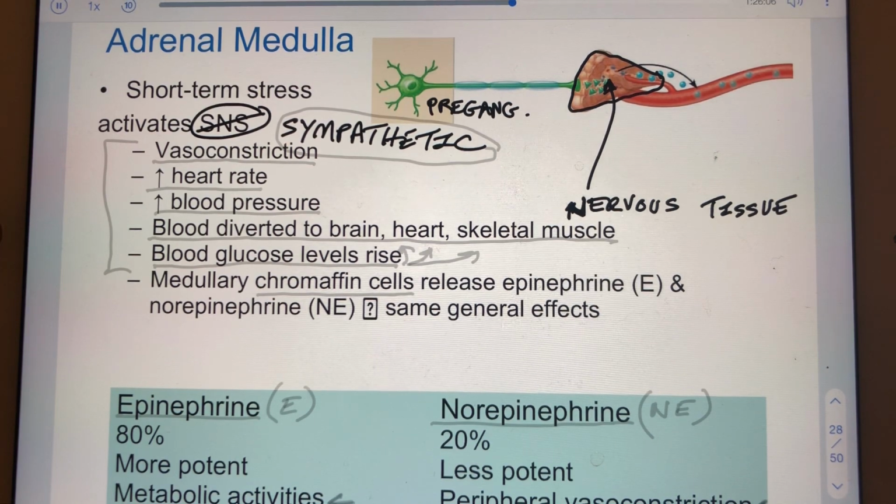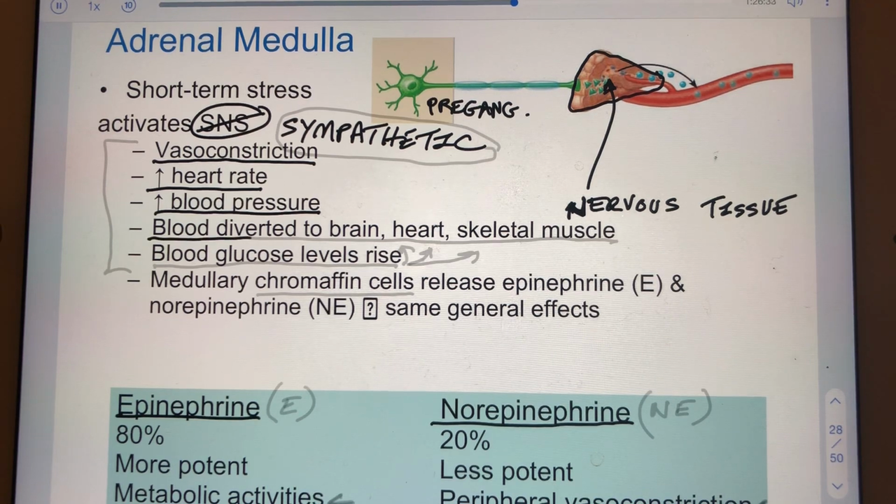Okay, and the products are epinephrine and norepinephrine, which are almost identical, okay? No matter what, whether it's epinephrine or norepinephrine, what do they do? They trigger blood vessels to constrict. They increase heart rate. They increase blood pressure.